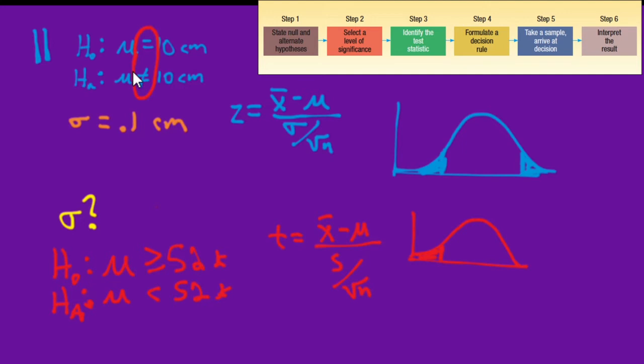We had been talking about an alpha of 0.05. Okay, so let's combine step 1, where we have the null and alternative, step 2, where we've decided on our level of significance, and step 3, the z statistic.